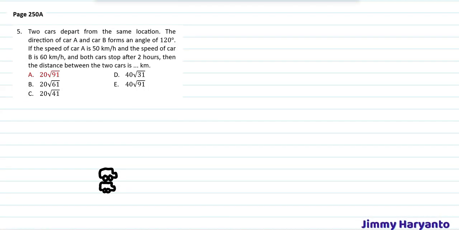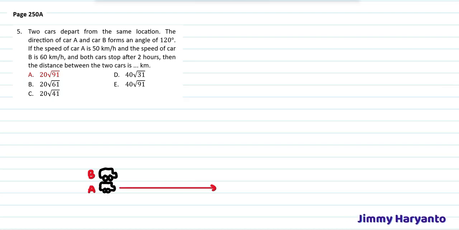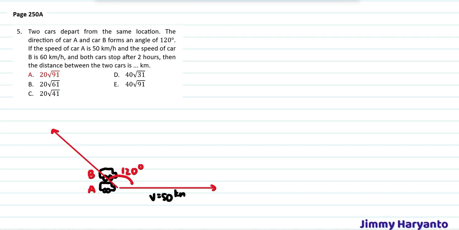Okay, question 5. We have two cars depart from the same location. The directions of car A and car B form an angle of 120 degrees. Okay, so let's say car A goes to the right, and then B goes in this direction, and the angle is 120 degrees. If the speed of car A is 50, so V equals 50 kilometers per hour.